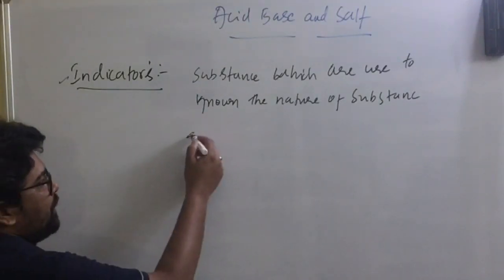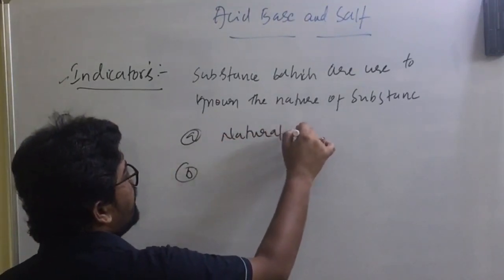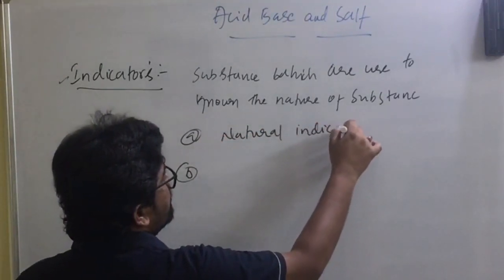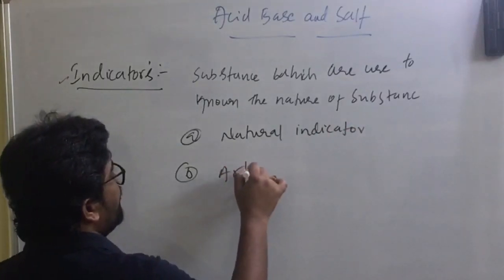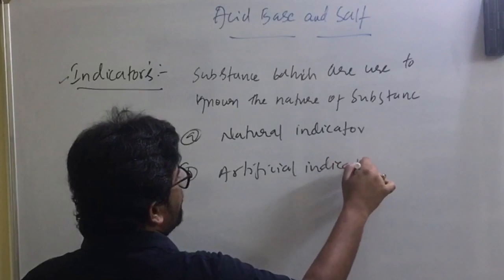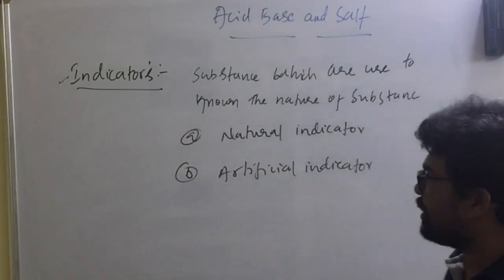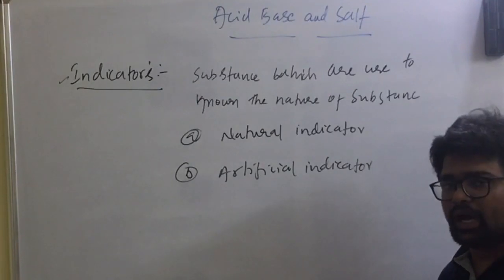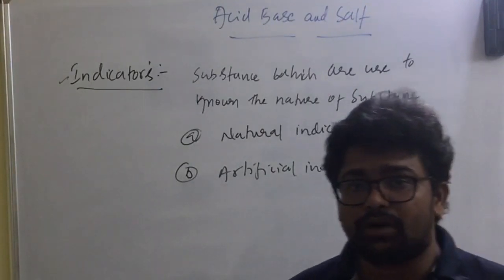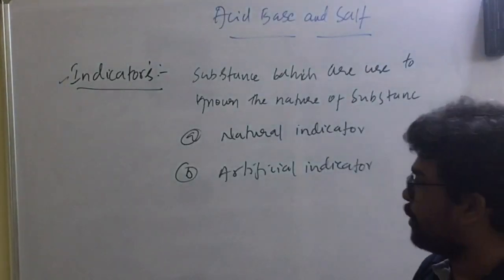We have two types of indicators: one is natural indicators, and the second is artificial indicators, also called synthetic or man-made indicators. Let us try to know how we find the nature of a substance as acidic or basic.